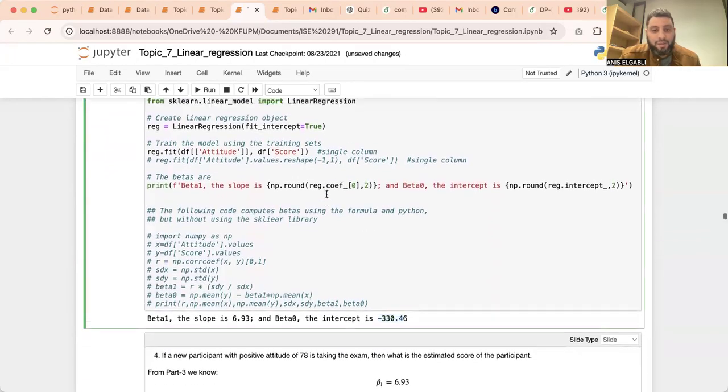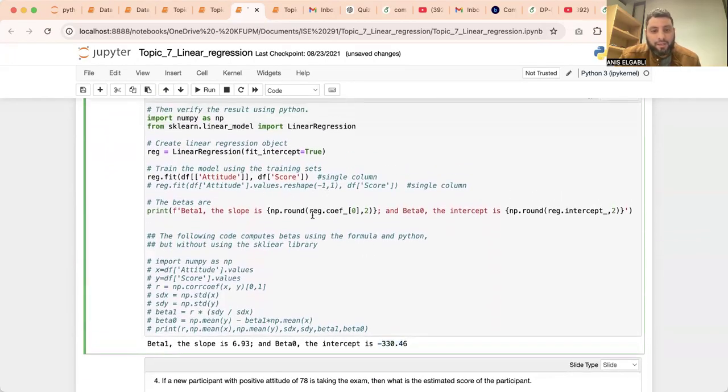Okay, so how do we access the coefficient and the intercept here? The coefficient is the slope, the coefficient of the feature, the weight of the feature. So we access it by retrieving this attribute from the regression, coef_.